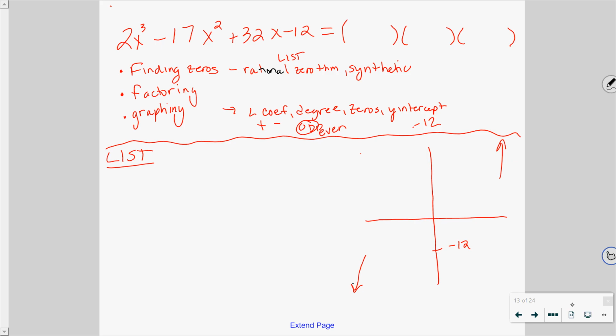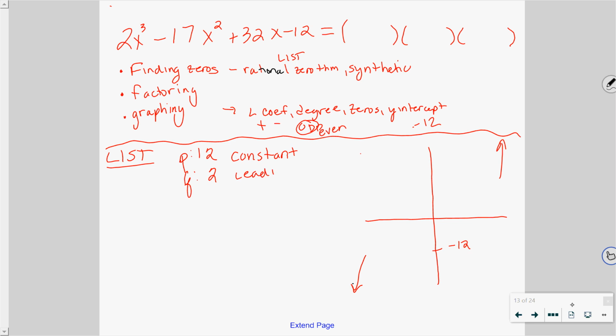All right, so we're going to go p over q, right? So our P number is 12. That's our constant. Our Q number, I made this one so it wouldn't just be a 1 this time. It's a 2.